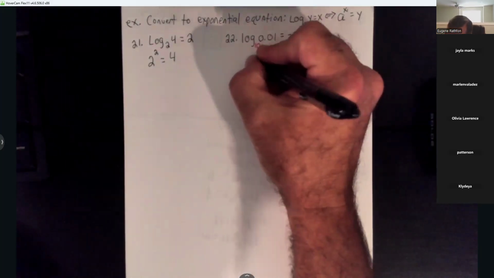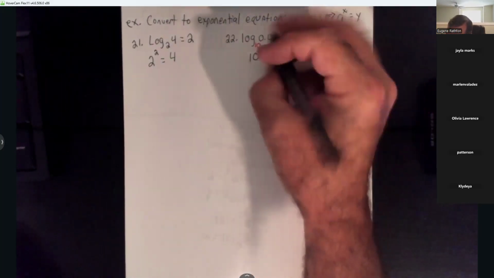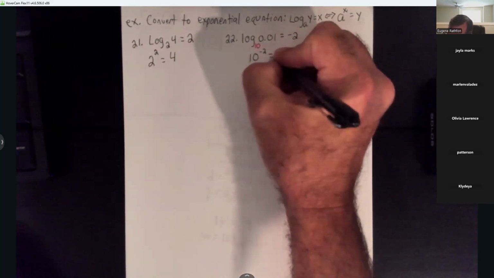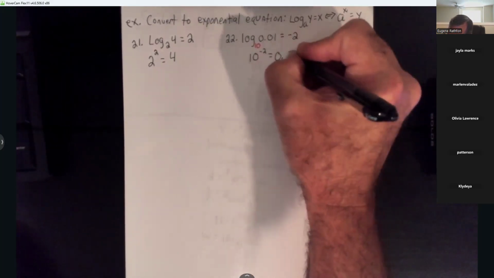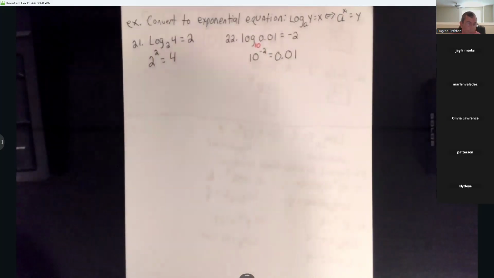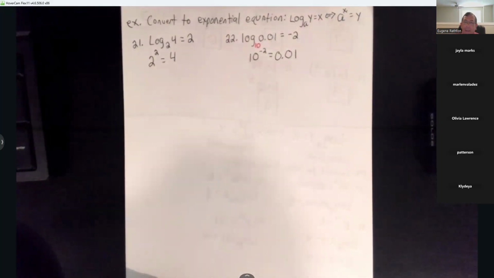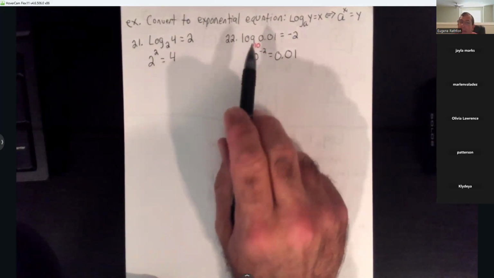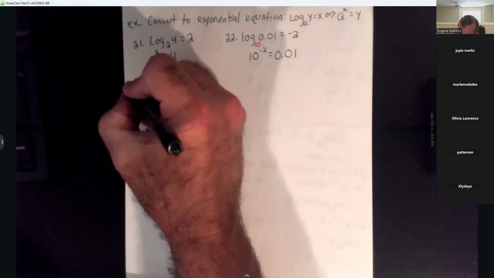So this will be 10 exponent -2 equals 0.01. Okay, so remember, no base, it's got to be a 10.